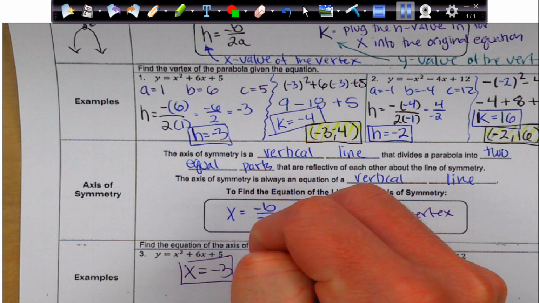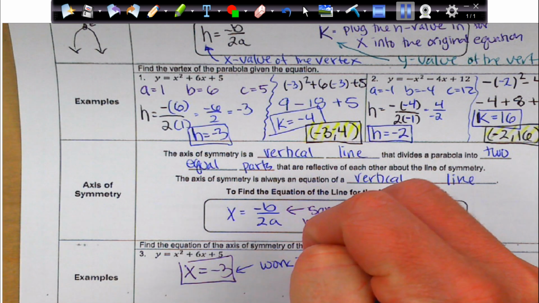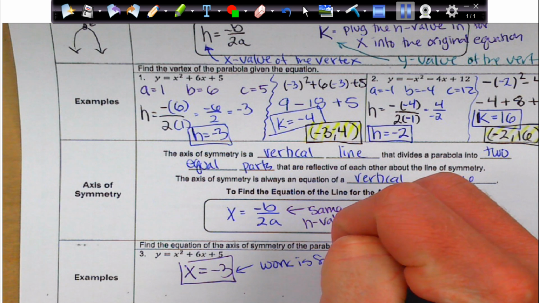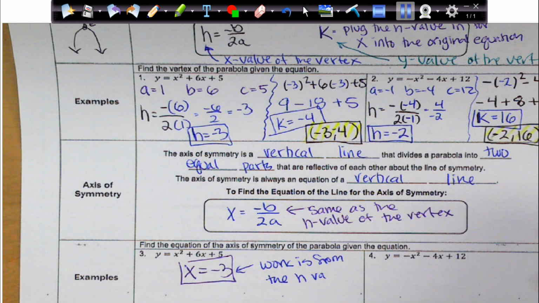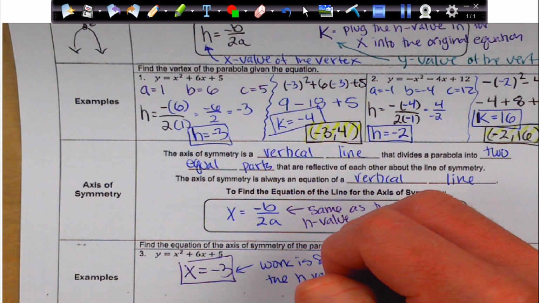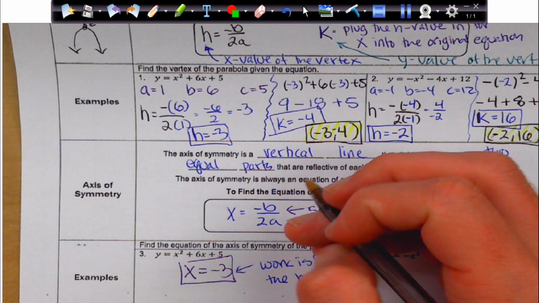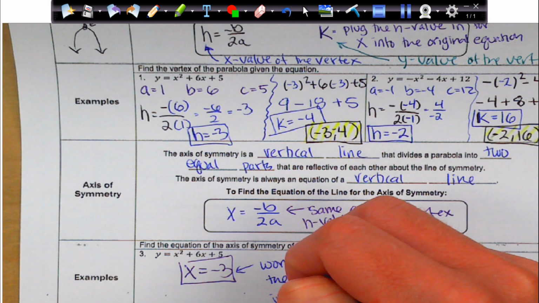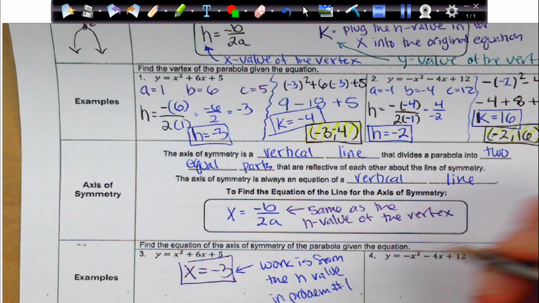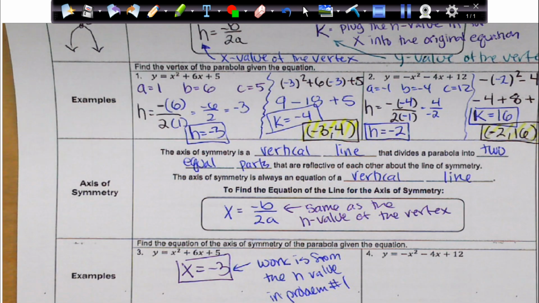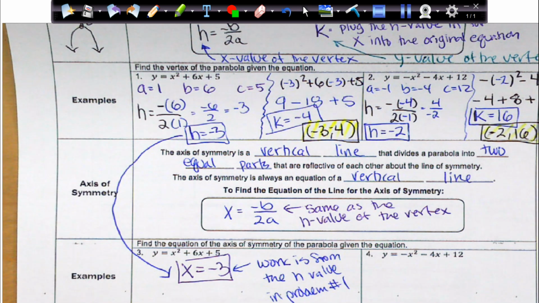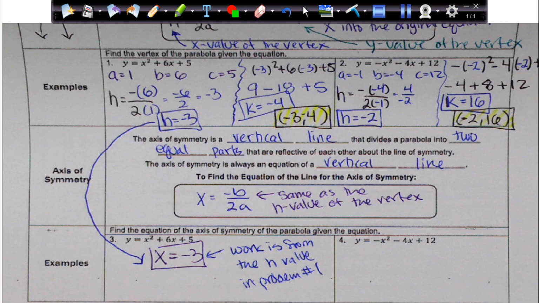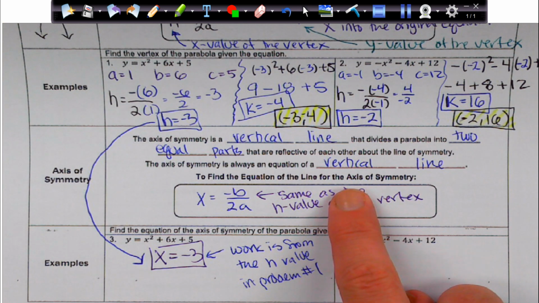You're going to say the work is from the h value in problem number 1. If you don't want to write that, you don't have to, but there's a big arrow showing it. That's where it came from, because we said it's the same as the h value in the vertex.